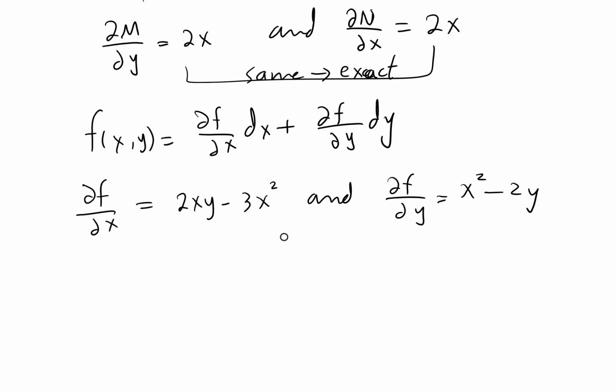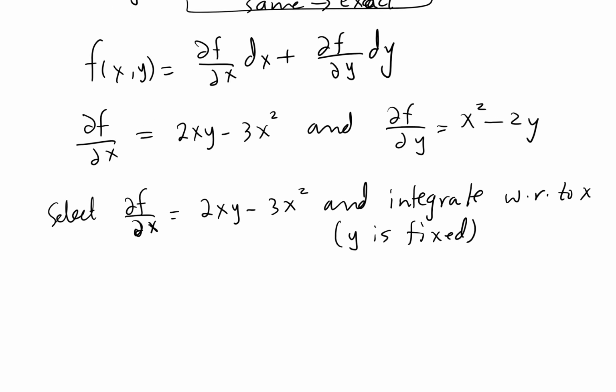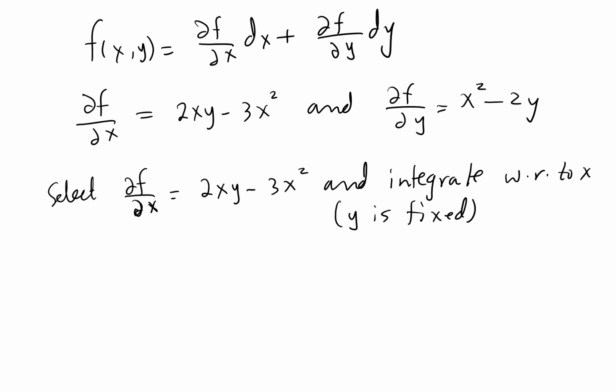So if I select the first one, partial f partial x, 2xy minus 3x squared, and we integrate. Since it's partial x, we integrate with respect to x. In this case, y is fixed, constant. And so what do we get? When we integrate the left-hand side, that will give me f(x,y).